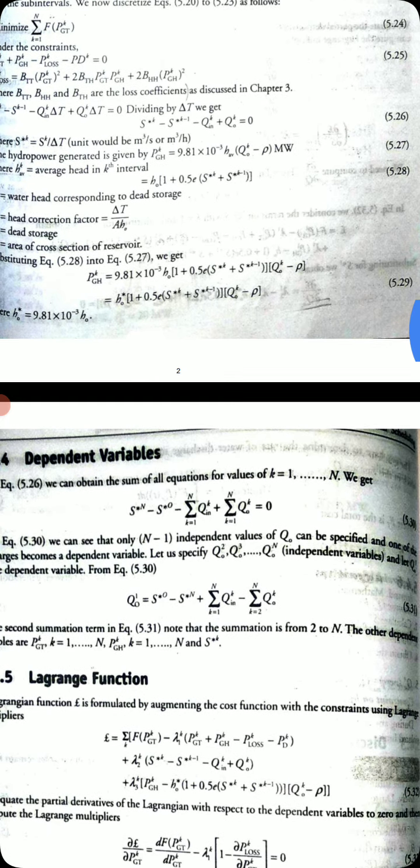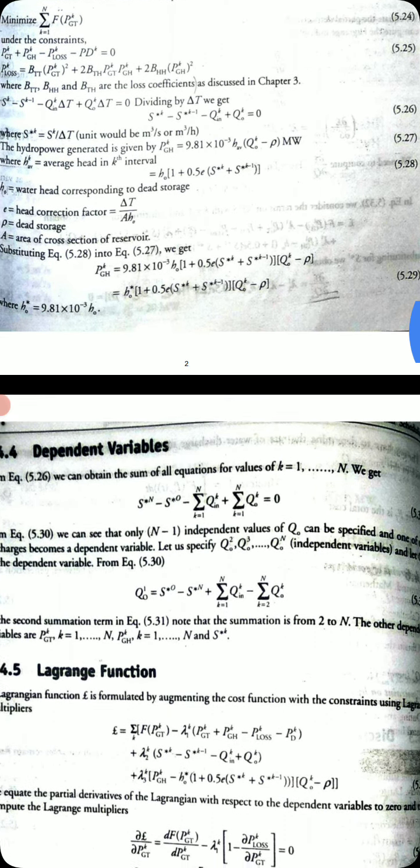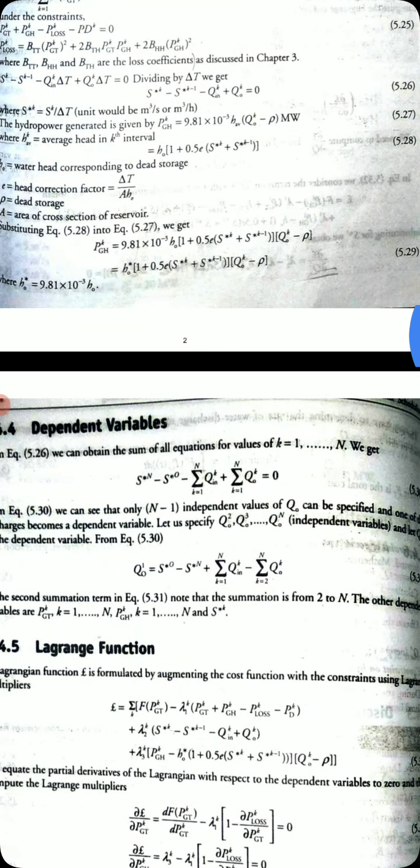Next we need to find out Q naught 1, that is the dependent variable, and the remaining all we can call independent variables. So you see these things clearly, this equation changes. I will take Q naught 1 outside the summation.